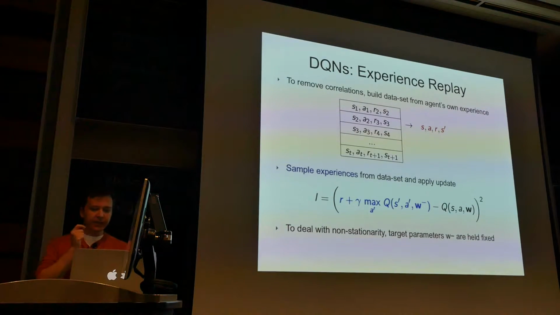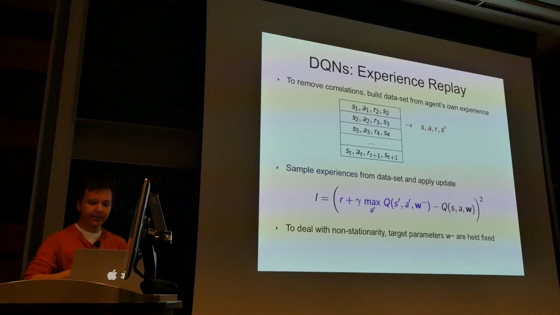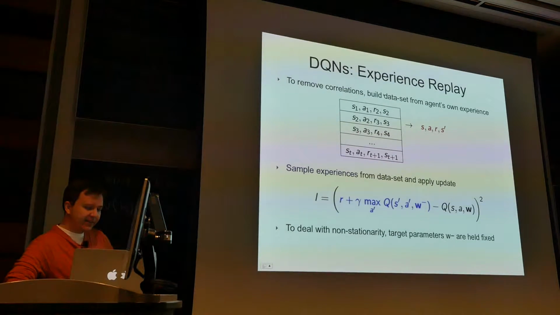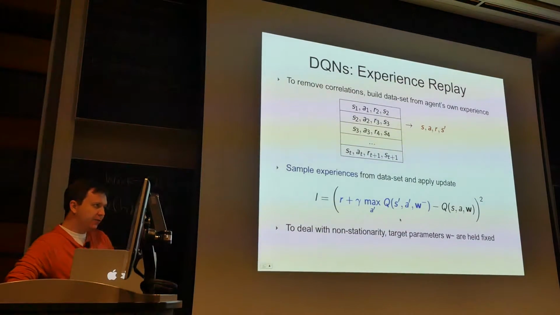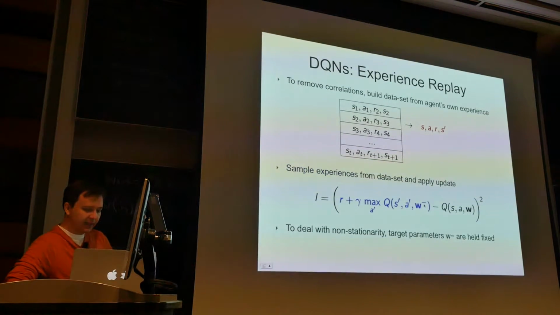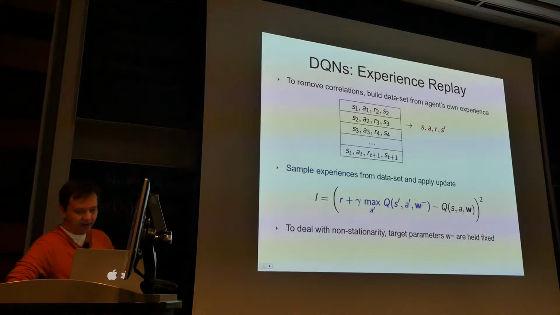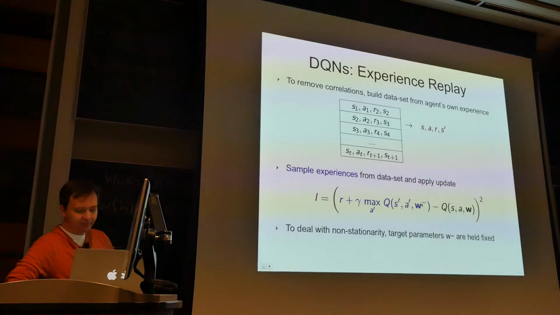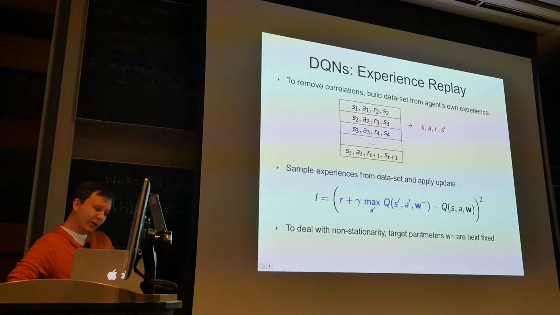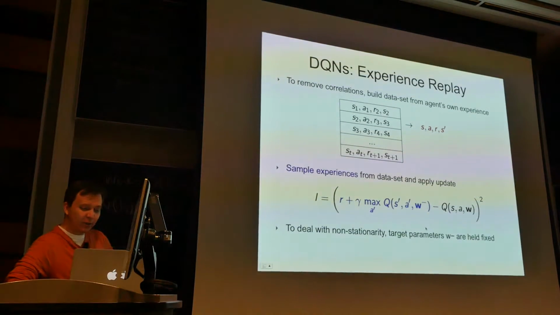Now to deal with non-stationarity, you're decomposing this equation. That's another modification you have to do. Notice that these parameters are called W tilde, or W bar. So what you're doing is holding these parameters fixed.